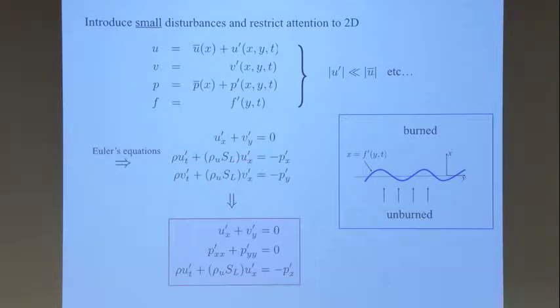It's easy to see that these two reduce to Laplace's equation, the two momentum equations, just because if you take the x derivative of this and the y derivative of this, what you have here is u_x plus v_y, both time derivative, but u_x plus v_y is 0. Same thing, the u_xx and v_yx also is 0.